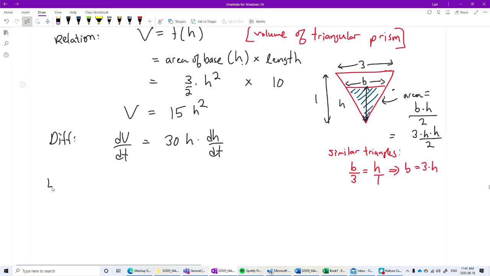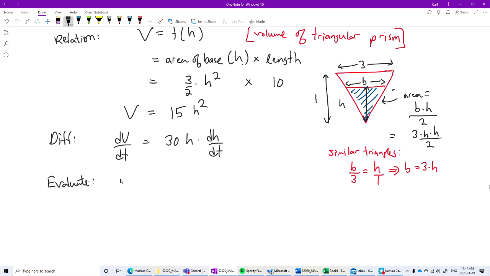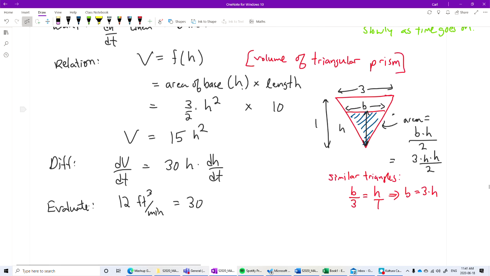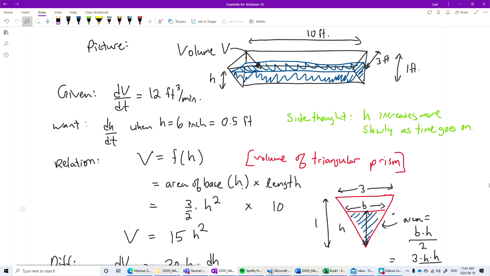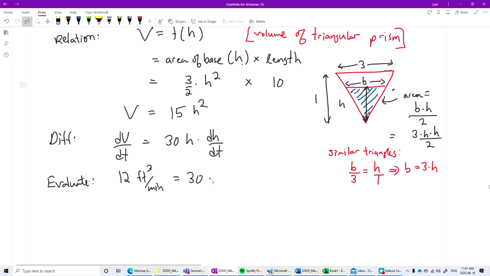Now what? Evaluate. I know the volume change is, what was it? The volume is 12 cubic feet per minute. And what do I want to know? I want to know dh/dt when h equals 0.5 feet.